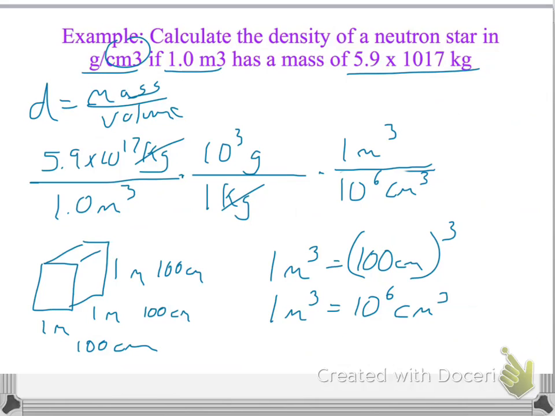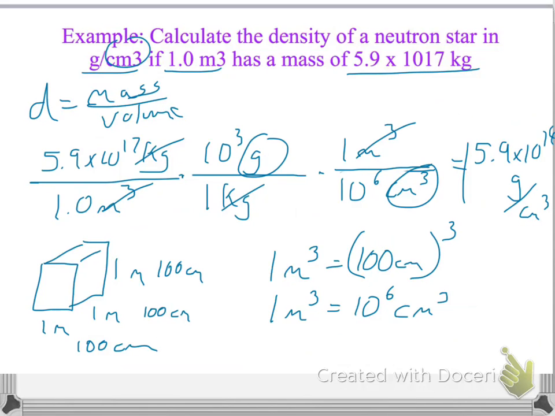And so now check our units. We've gotten rid of kilograms, we've gotten rid of meters cubed, and we're left with units of grams per cubic centimeter. And you should come up with something like 5.9 times 10 to the 14th grams per centimeter cubed.